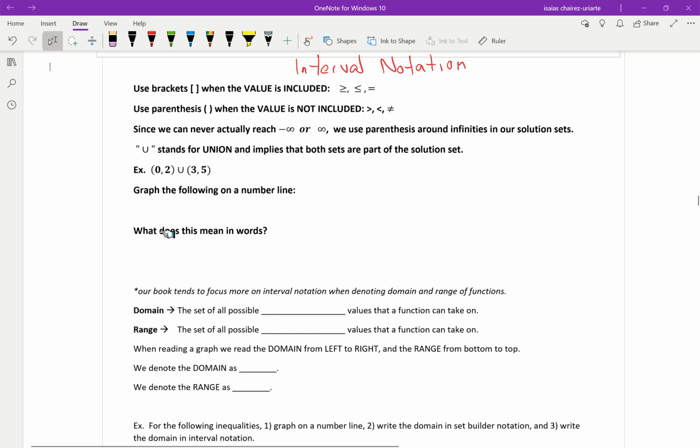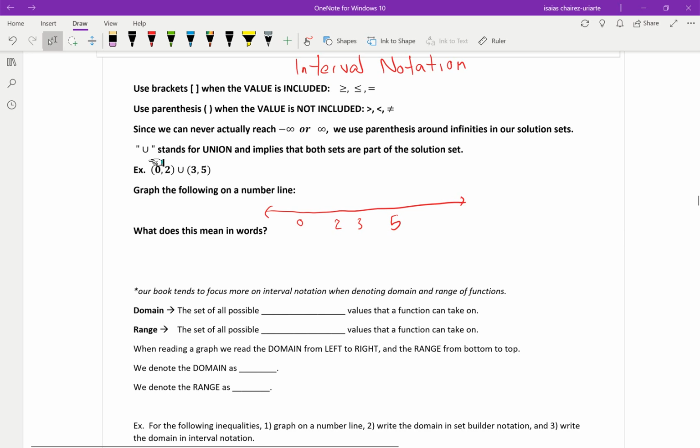So, for instance, let's look at this first example. This is an interval. It's a set of numbers, and let's understand it a little better by thinking about this set of numbers in a graphical way. So what I have is the values 0, 2, 3, and 5. Think about what this part means: 0 to 2.